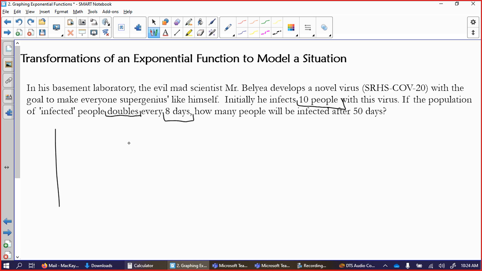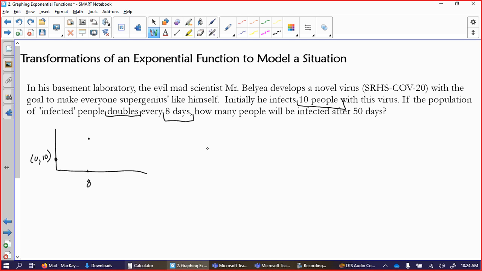So this one is actually an exponential growth. We have initially 0 and 10. After 8 days, we would have 20.